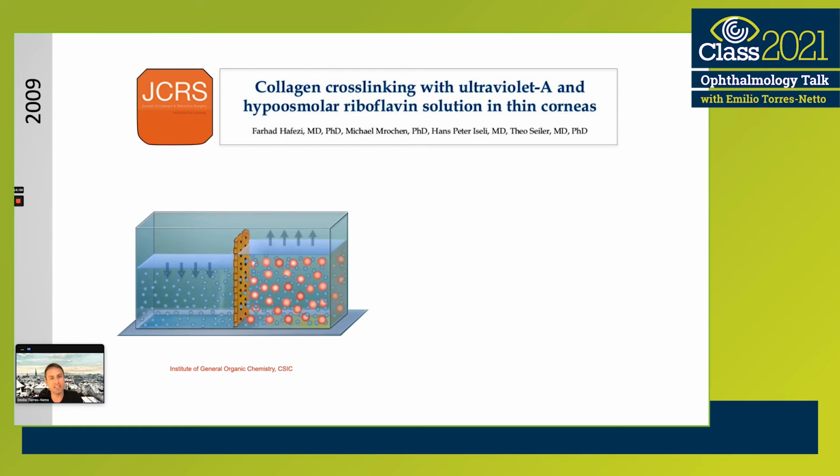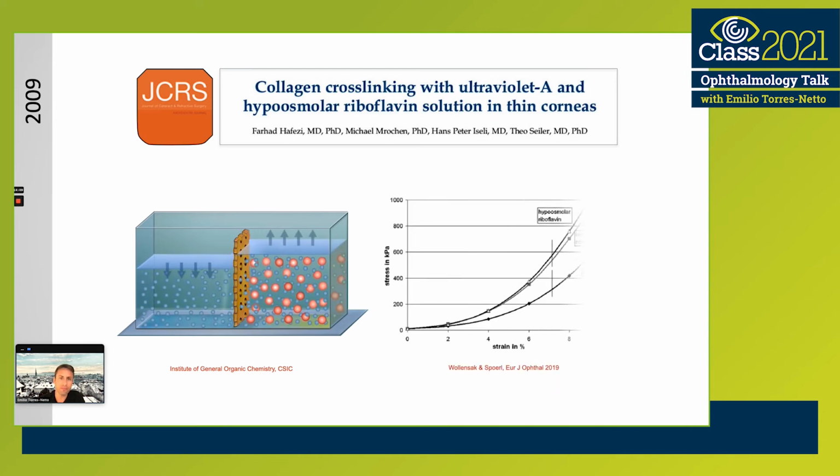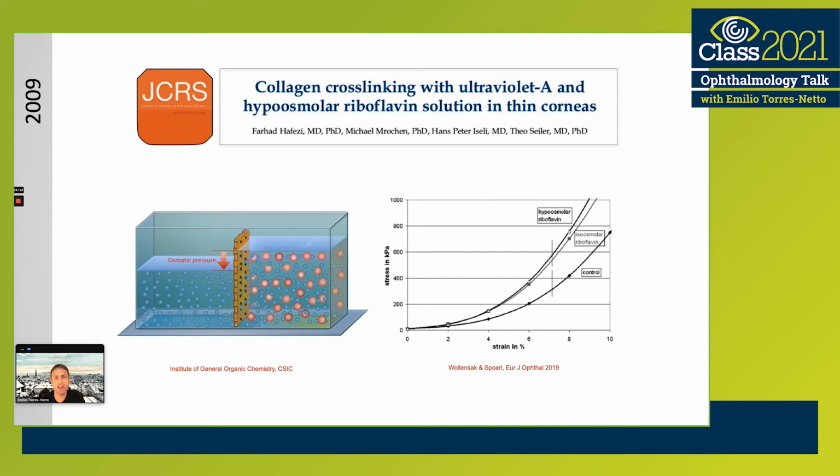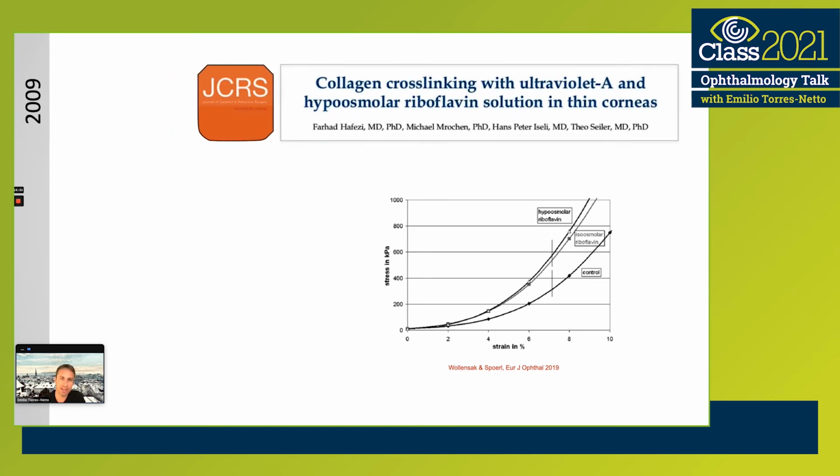It creates an osmotic gradient and brings the cornea to a thicker pachymetry. At first, in the early years, it was thought that the stiffening effect was not so good, but recent studies such as this one from 2019 show that it works similarly to a Dresden or standard protocol.